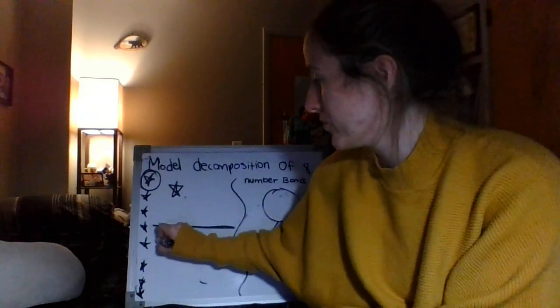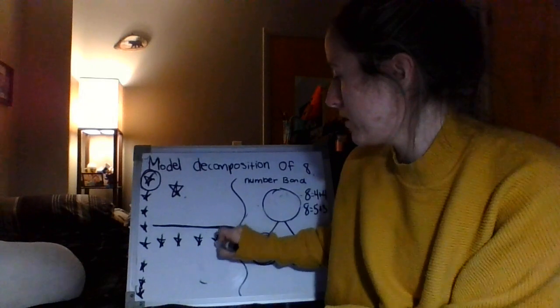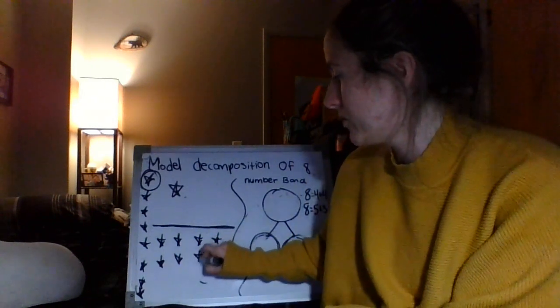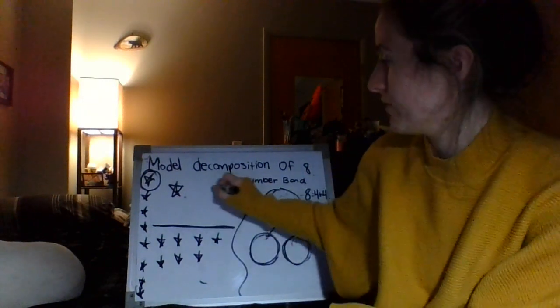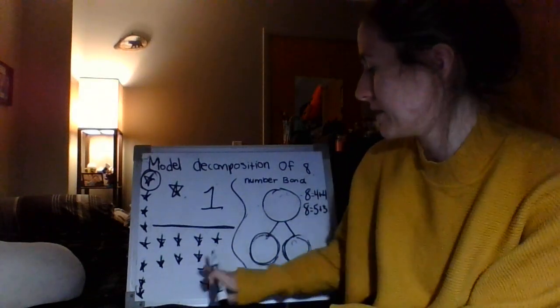So I'm going to put those 7 underneath. So right now I want you to put your 7 circles on the bottom part of the line. So you have 1 up here and you have 7 down here.